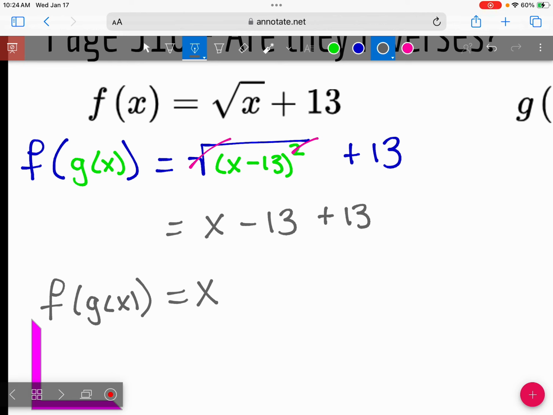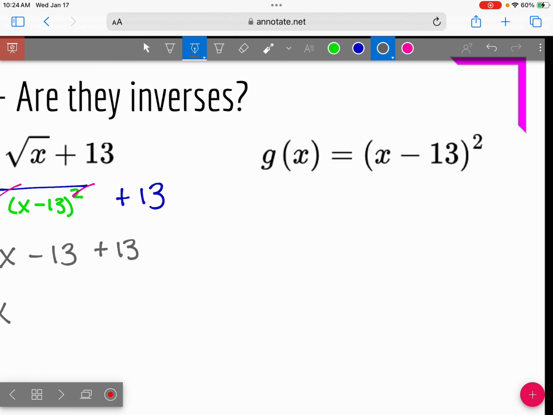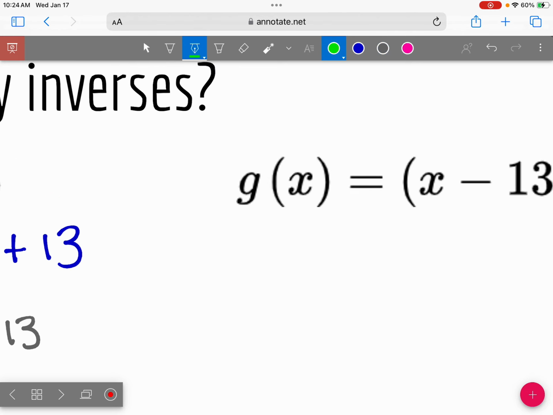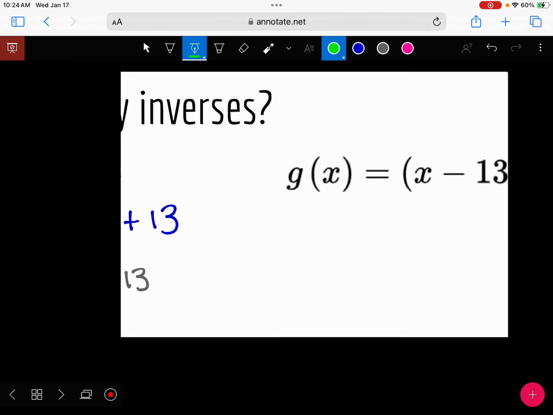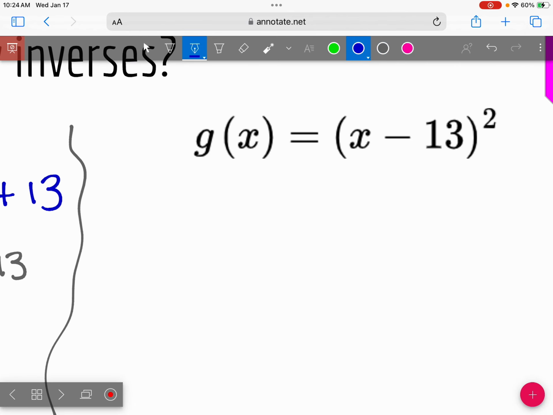Now we have to go the other direction. To show that it's true, we have to do both. It only takes one to say no, but it takes both to say yes. So we're going to go the other direction and do our g of f of x.